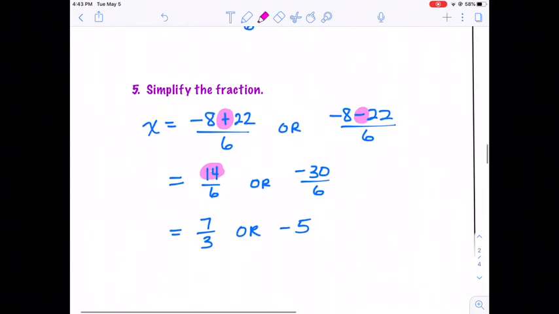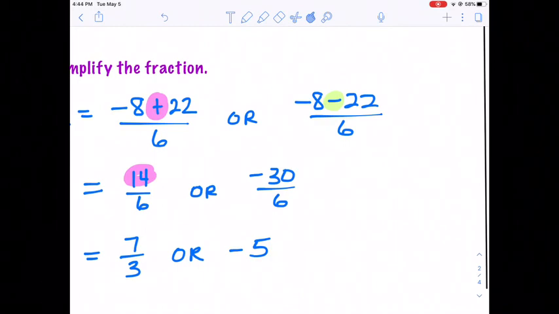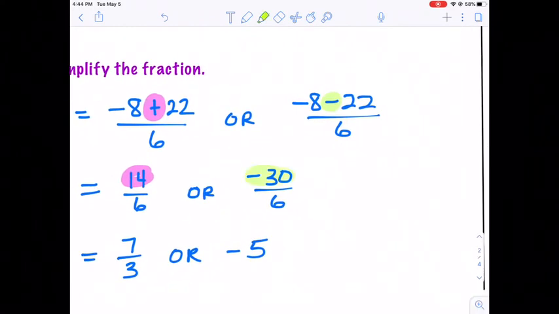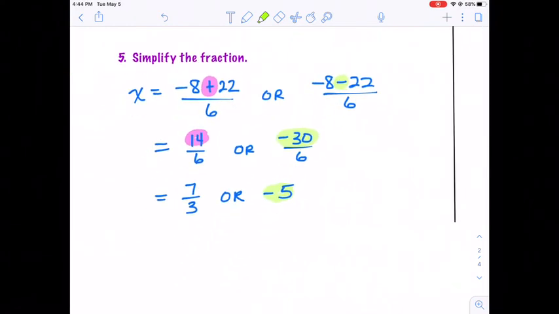And then as I go down, I realize I can divide both the 14 and the 6 by 2 and get 7 over 3. With the minus sign, I have negative 8 minus 22, which is negative 30. And negative 30 divided by 6 is just negative 5. So my two answers are 7/3 or negative 5.